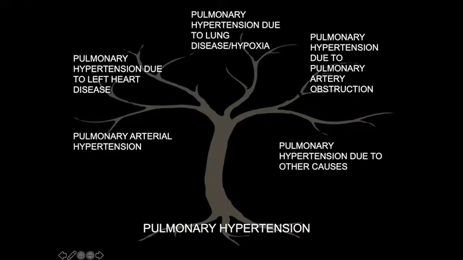Then we have pulmonary hypertension from other causes, which includes hematological causes like sickle cell disease, myeloproliferative disorders, or storage disorders like Gaucher's and mucopolysaccharidosis, and also sarcoidosis. Those disorders we keep as group 5. Also volume overload because of renal dysfunction, and hypothyroidism, come under pulmonary hypertension due to other causes.